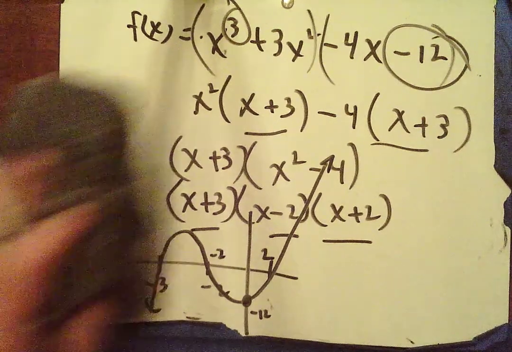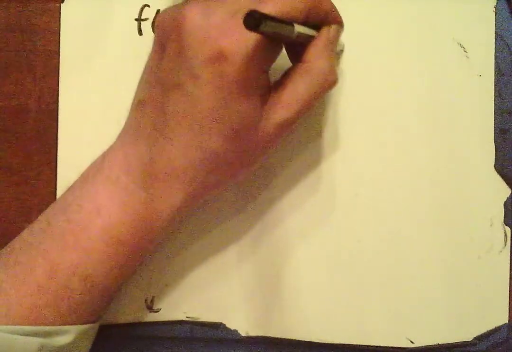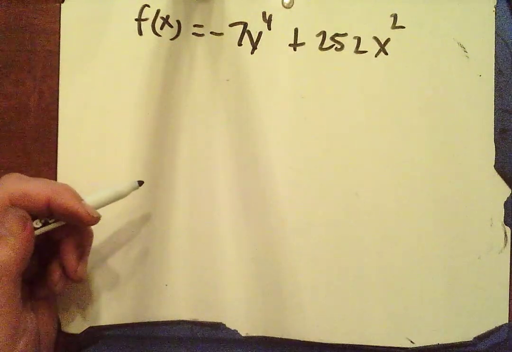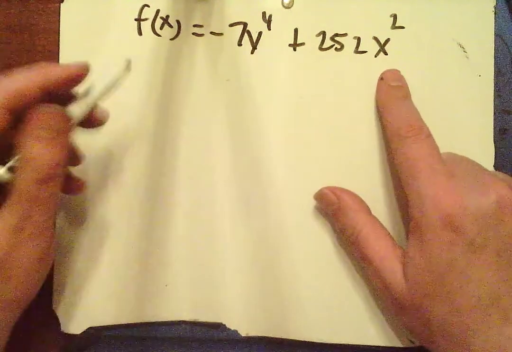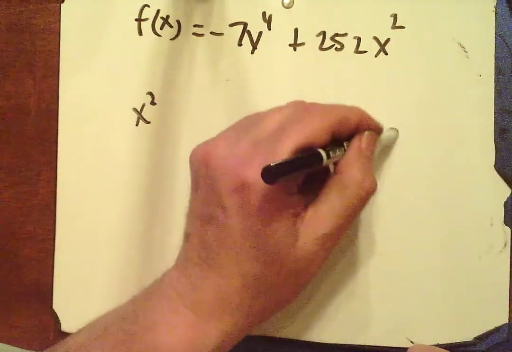23, find all the zeros. We're given the function f of x equals negative 7x to the fourth plus 252x squared. And you know what I'm thinking? I'm thinking not only can I take out an x squared, but I'm betting 7 goes into that. Let's find out.